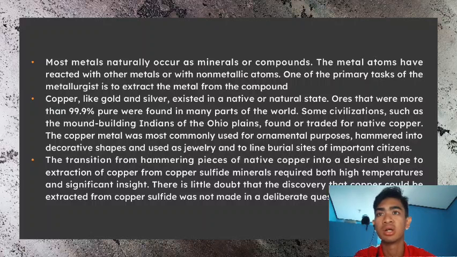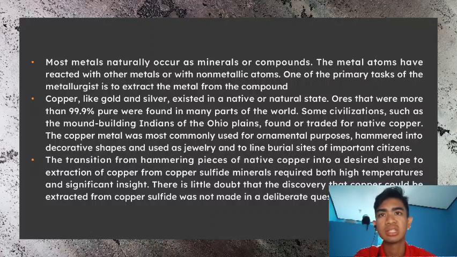The metallic component of copper sulfide mineral is copper. Sulfur is one of the non-metallic elements. Extraction of copper from copper sulfide ores provided ancient people with another source of copper.